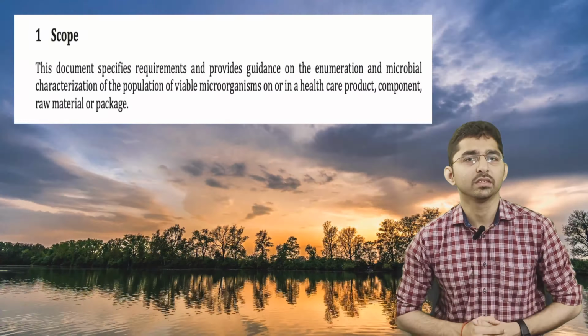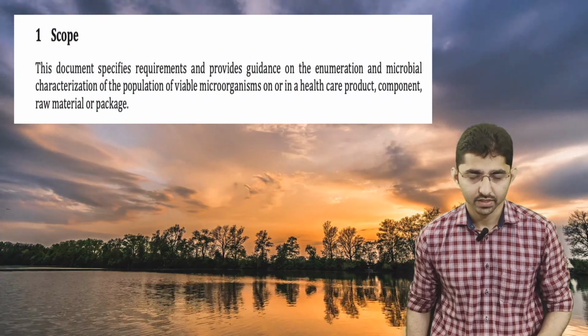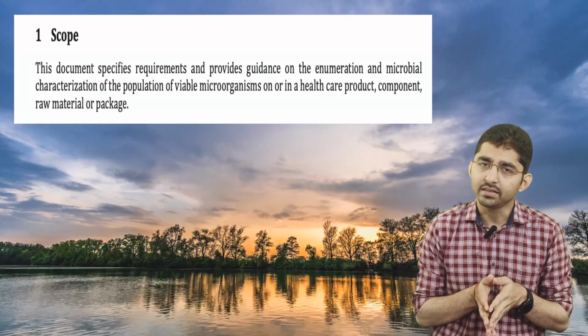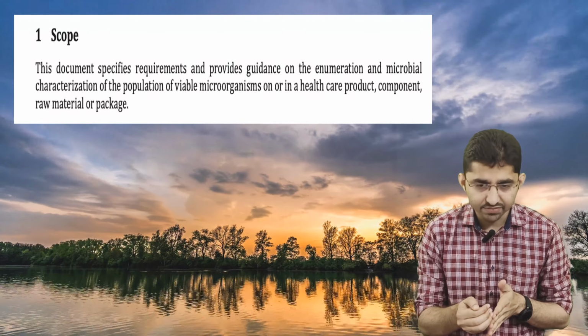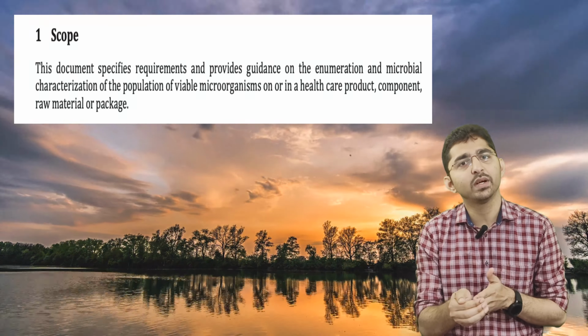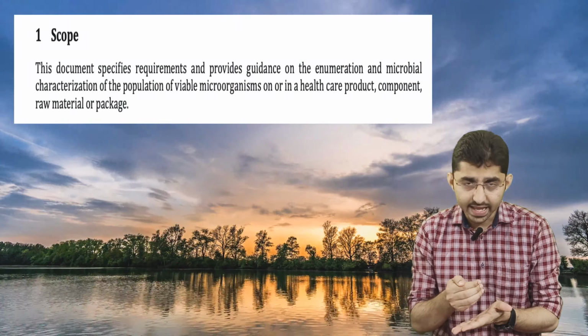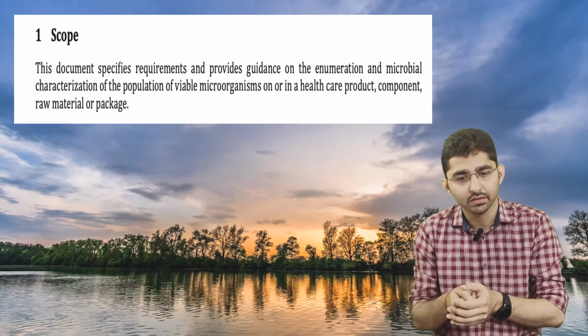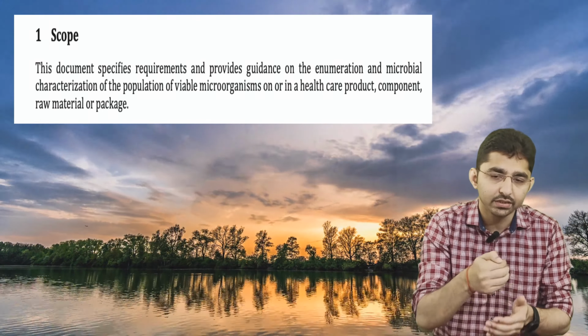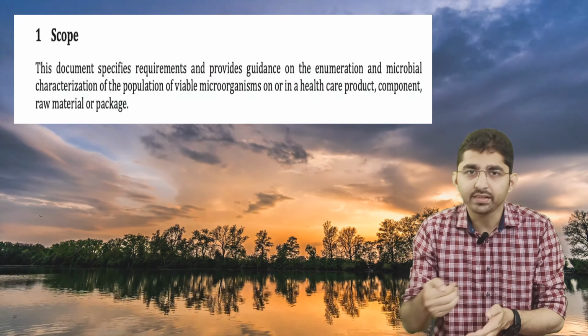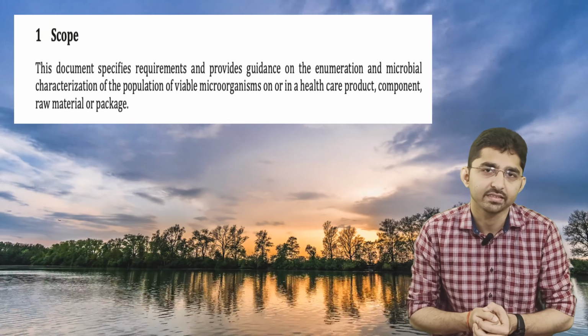Clause number 1 speaks about the scope. So this standard mainly specifies the requirements and provides guidance on the enumeration and microbiological characterization of a population of viable microorganisms present on a healthcare product, or the component, or the raw material, or the packages, right?